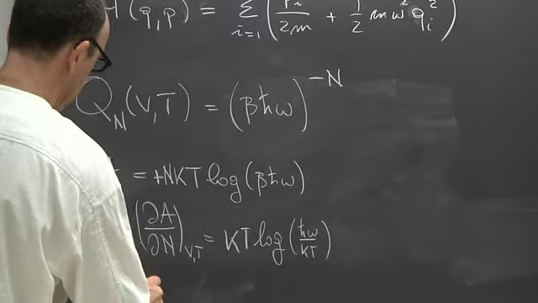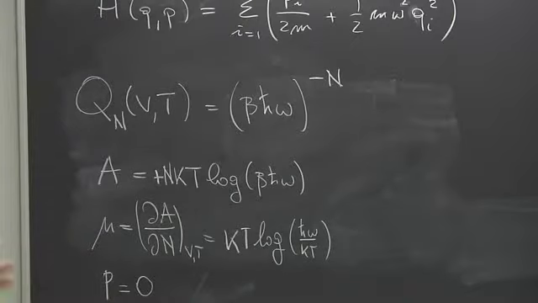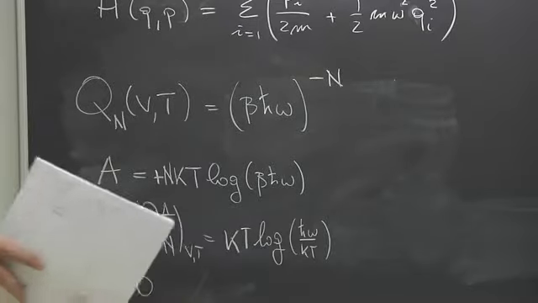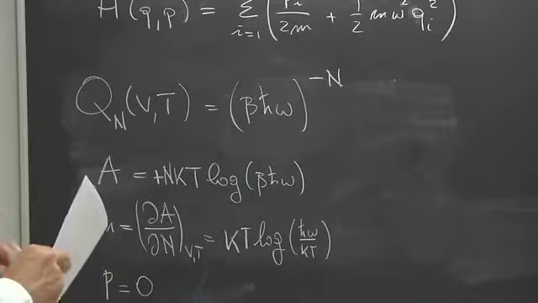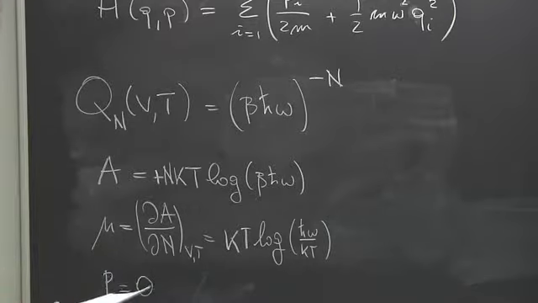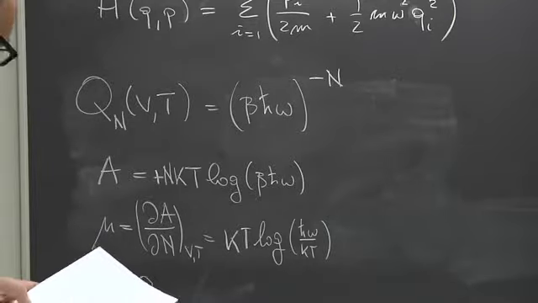Pressure is 0 because these particles are fixed in a position, so they are not really confined in a box. They are fixed to some position and they do not move.